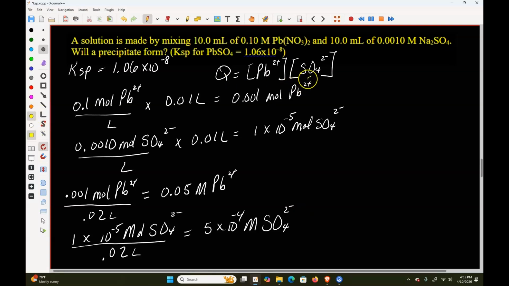So let's take this equation here and let's substitute in. Q is equal to the lead concentration, which is 0.05 to the first power. The sulfate concentration is 5 times 10 to the negative 4th.